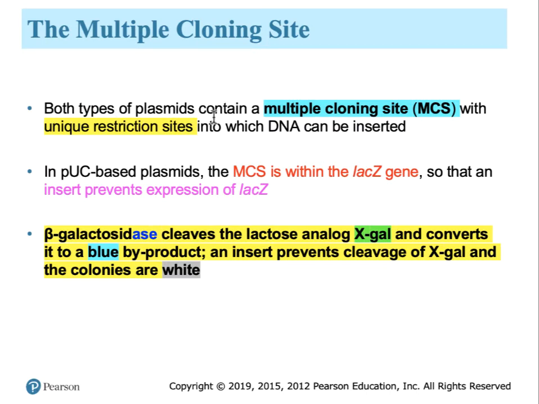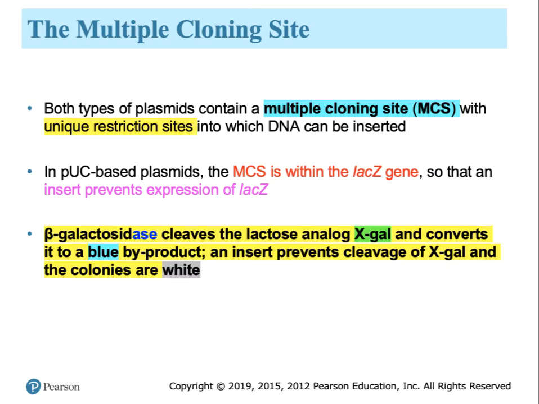Now, both types of plasmids also have other regions that have been engineered, and one of them is called the multiple cloning site. It's just a small area of DNA that has been synthetically put together to contain multiple unique restriction sites. And they are engineered so that there's only one of these sites per plasmid.